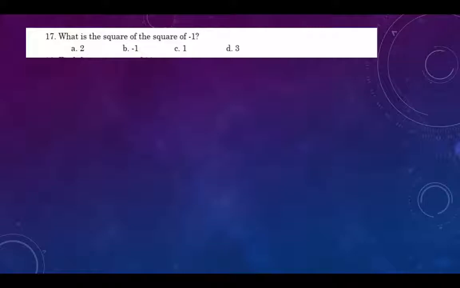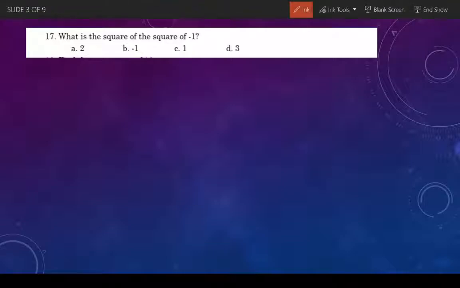What is the square of the square of negative 1? So, we have negative 1. And then we are going to square it and then square it again. Kasi sabi niya, what is the square of the square? Now, unahin natin i-evaluate yung nasa loob ng bracket.